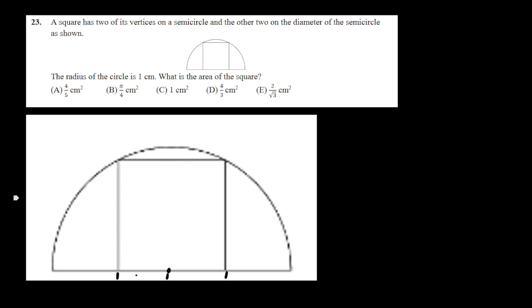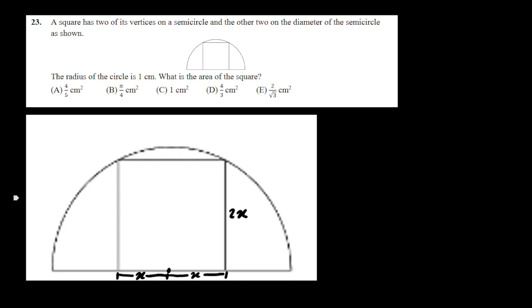So I'm just going to label those distances x. Now keep in mind, half of the side length is x, because this is only half. So that means the full side length is 2x, and I'll label that here.